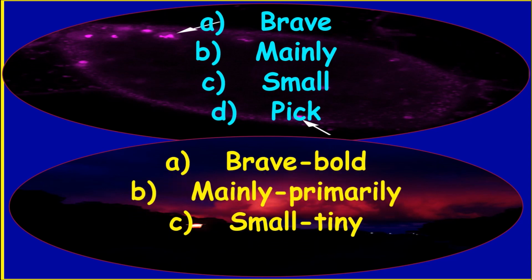So the words are brave, mainly, small, pick. Now let's look at the responses here. Brave, bold; mainly, primarily; small, tiny; pick, take. This is how you have to write in your examination paper.